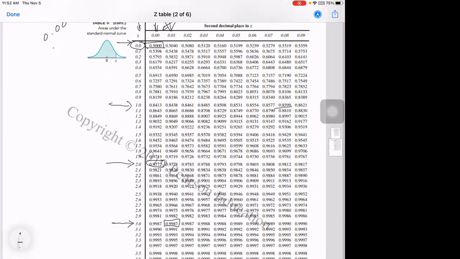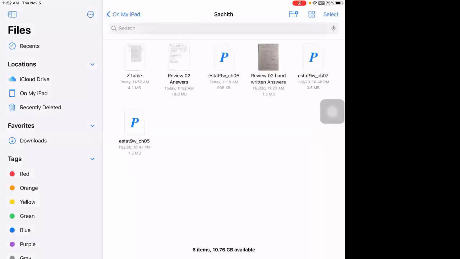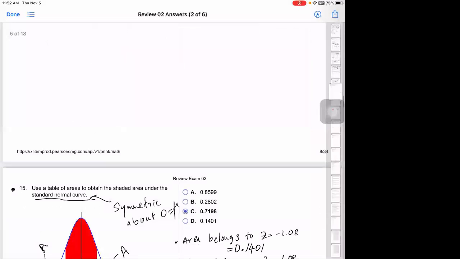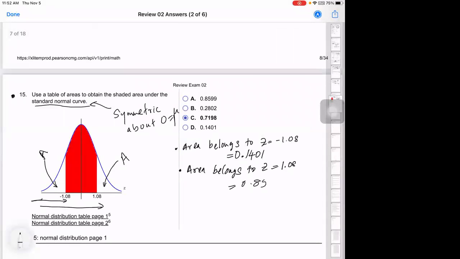So the value is 0.8599. Now you can get the area by taking the difference. 0.8599 minus 0.1401 is 0.7198. This is technique 1.